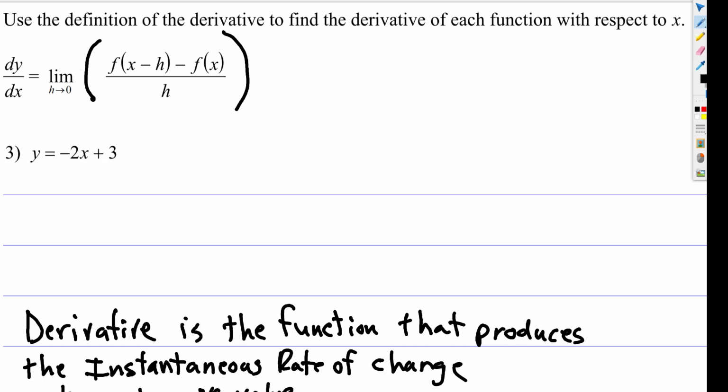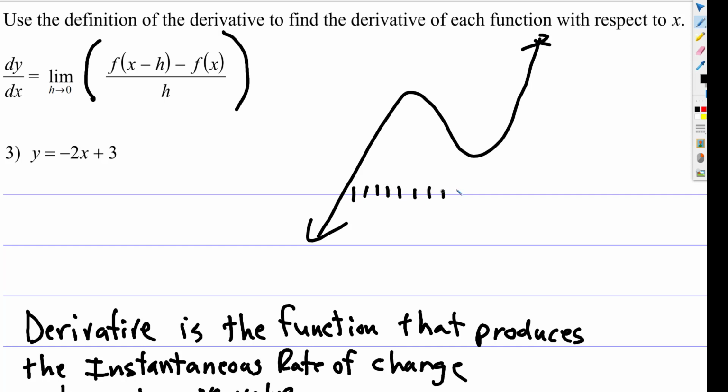And that's important because what we're checking for, let's say you have a graph that looks something like this. Let's say these represent a bunch of values on the x-axis. Well, as you know right here, that slope is 0. That slope is not 0. So that slope is a negative slope, that slope is a positive slope, this slope is a positive slope.